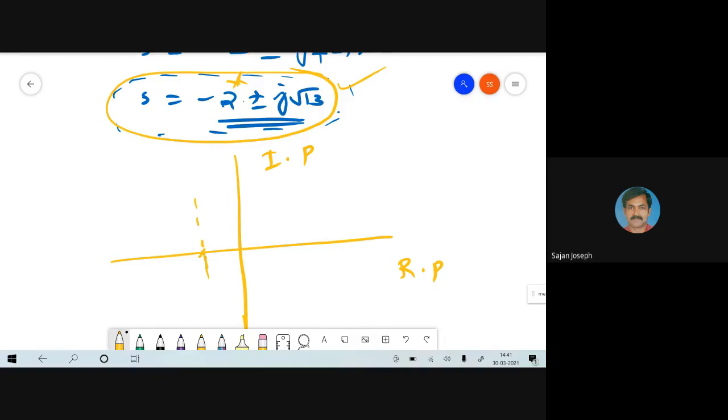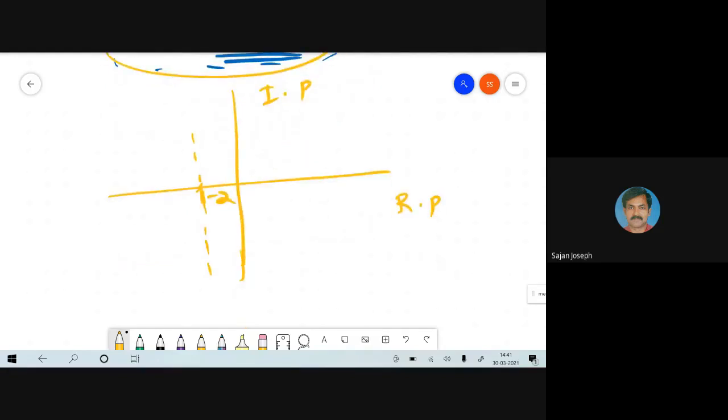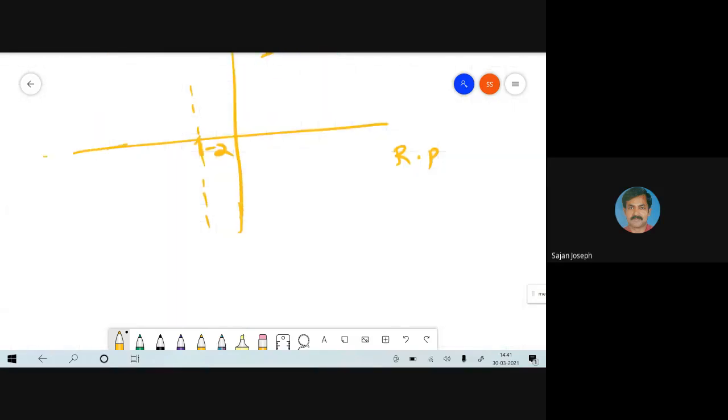If we place the third root at a location very far away from this root, say I am placing my third root at -20, then it is 10 times farther away.